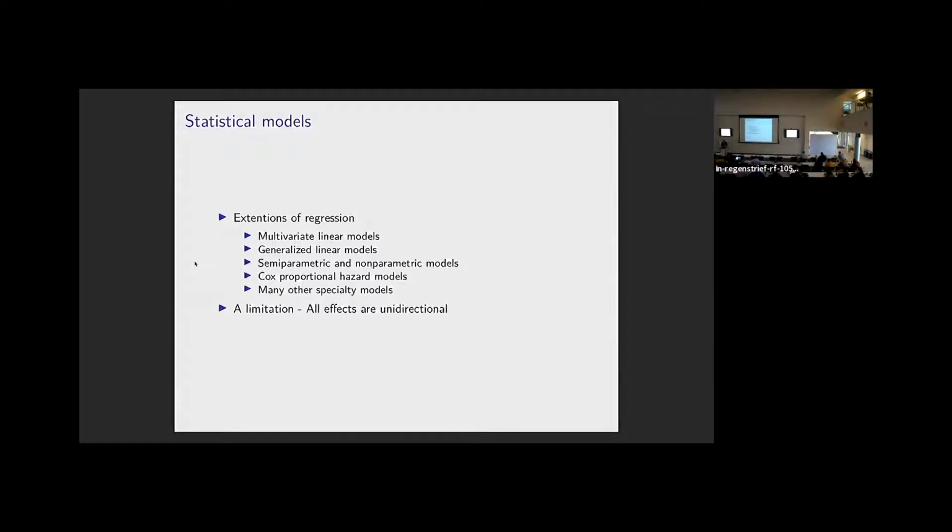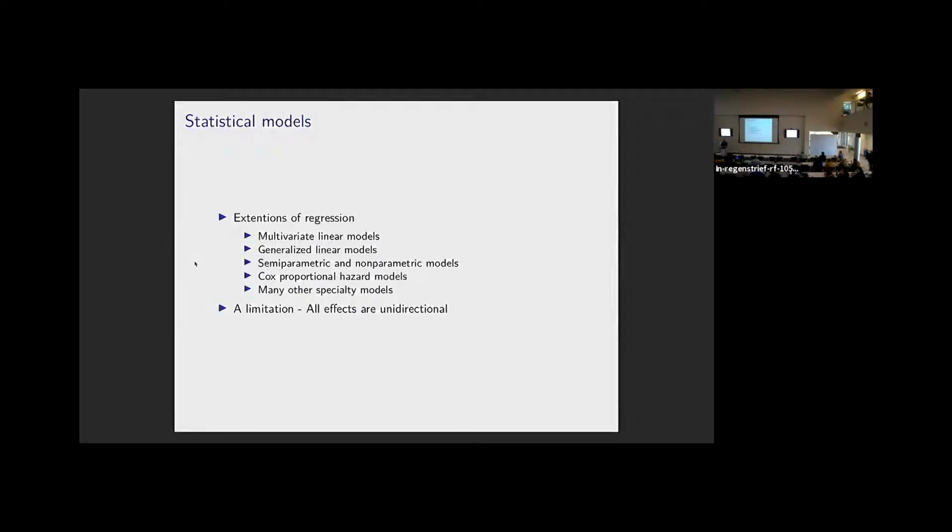I would say one thing that is very obvious is such models only describe the unidirectional effect. In other words, X influences Y, but Y does not influence X. Is that reasonable?